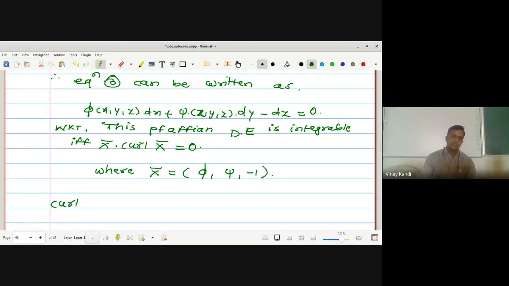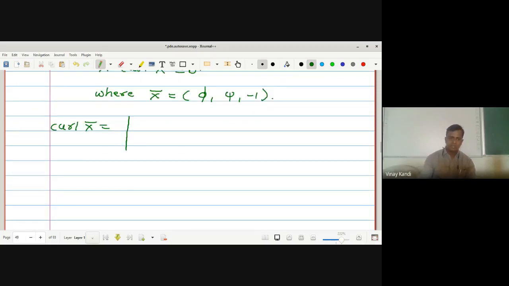Now, what is the value of curl of x bar? How to find the curl? It is the determinant of i, j and k; dou by dou x, dou by dou y, dou by dou z; and phi, psi, and minus 1. Now solve this: i into dou by dou y of minus 1, which is 0, minus dou by dou z of psi, which is psi z.